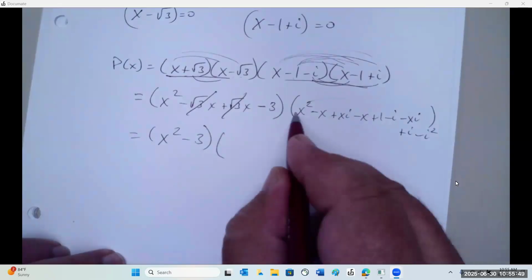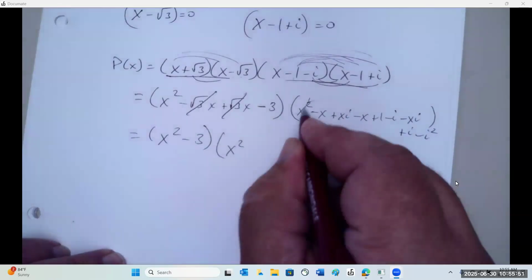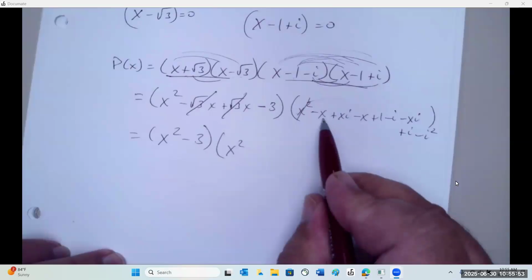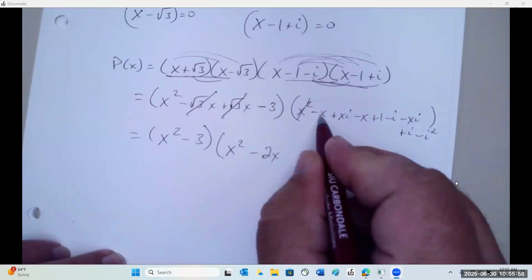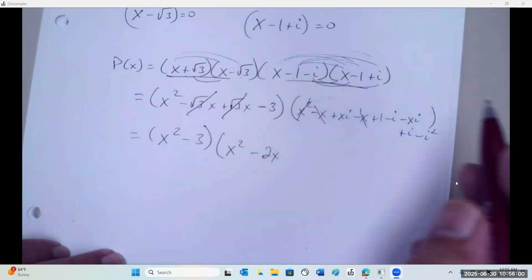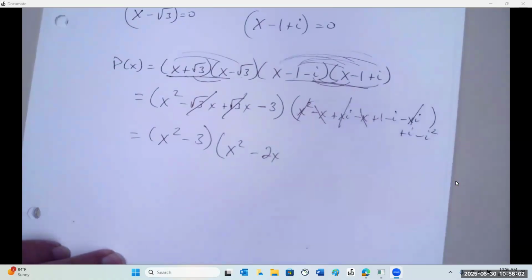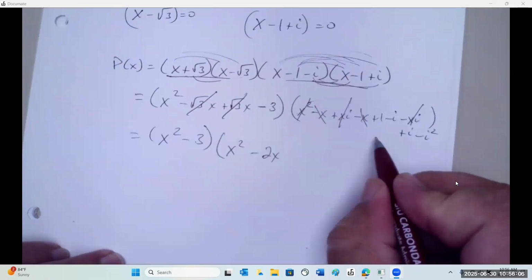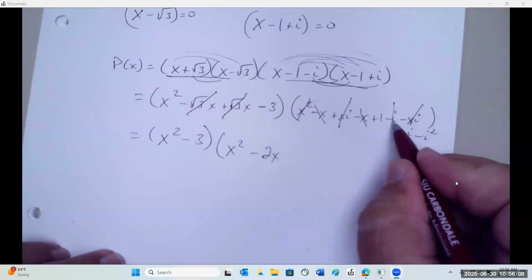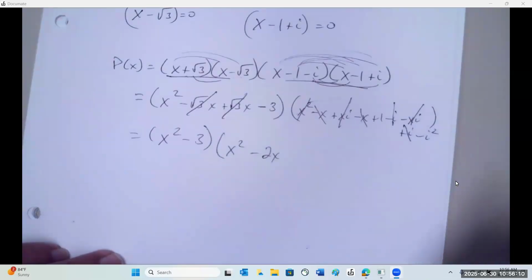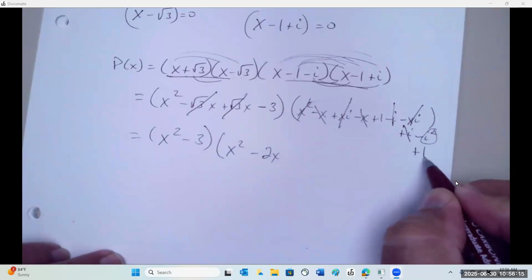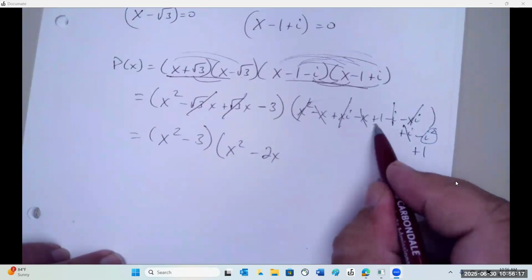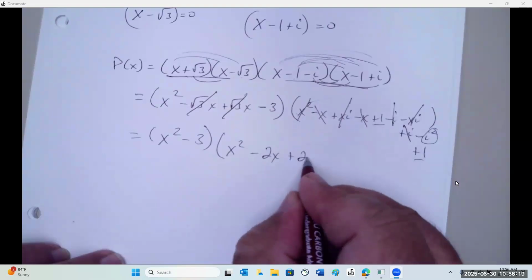So we have x squared. Here's a minus x minus x. That's minus 2x. Xi minus xi cancel. Negative i, positive i cancel. I squared becomes a negative 1, so it becomes a positive 1. Positive 1 makes it a positive 2.